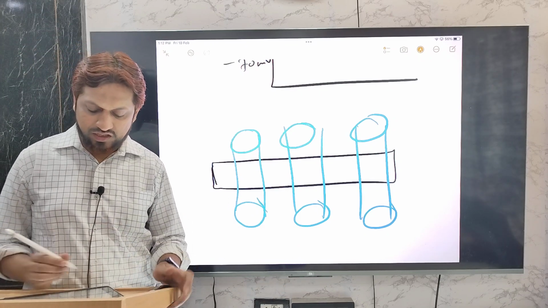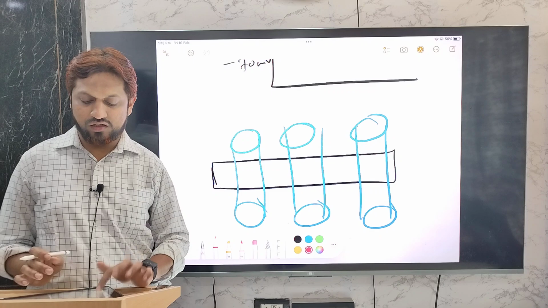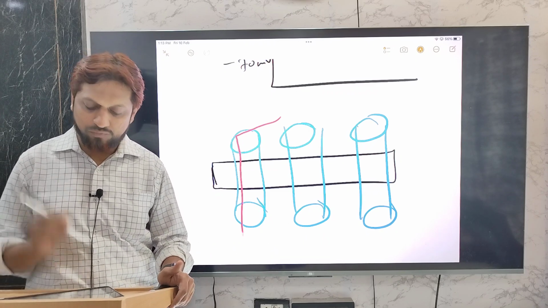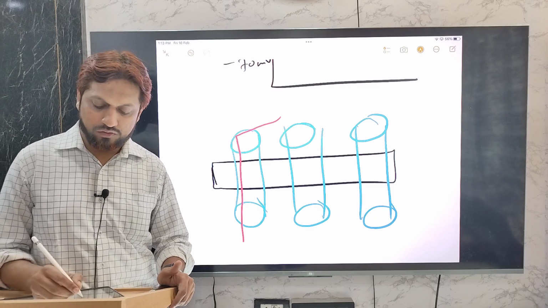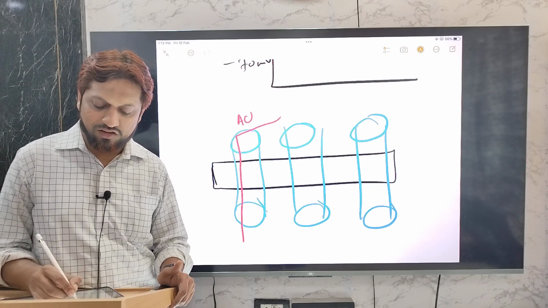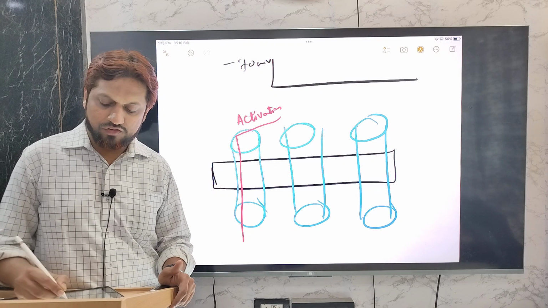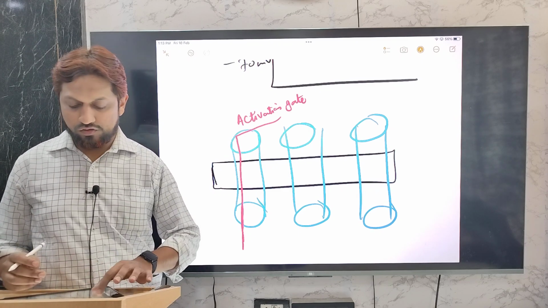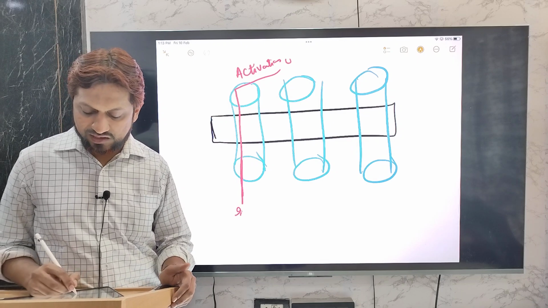Now in the resting condition, there are gates present on the sodium channels. The gate on the ECF side is known as the activation gate, and the other gate, present on the ICF side, is known as the inactivation gate.